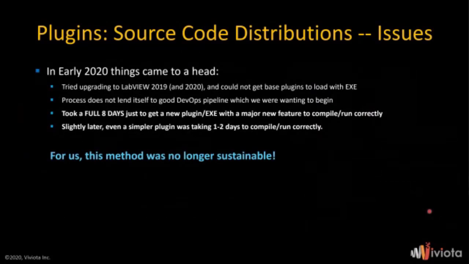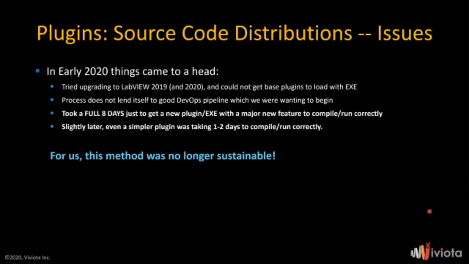So this came to a head. We tried upgrading to 2019, had additional problems. Really, the straw that broke the camel's back is we had a major update that went out to our executable and some new plugins, and it took us a full 8 days to get everything working again, just from a compilation perspective.